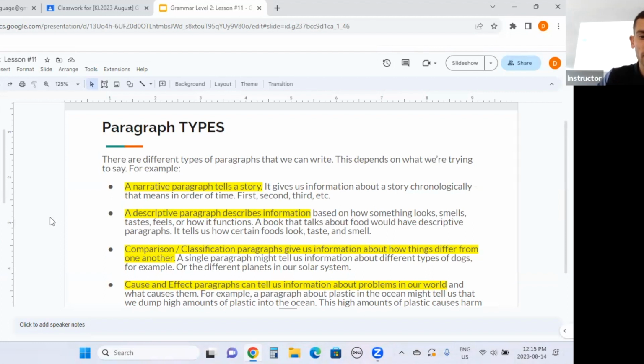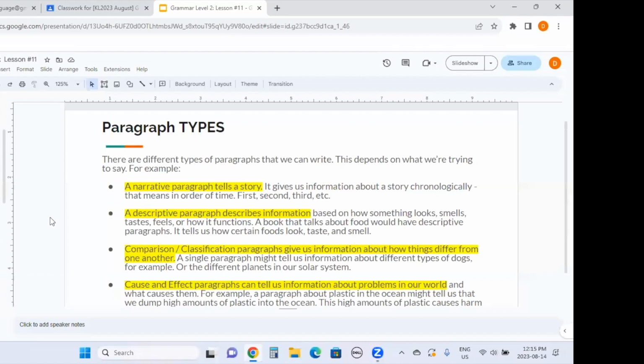Nicole, can you read a descriptive paragraph, please? A descriptive paragraph describes information based on how something looks, smells, tastes, feels, or how it functions. A book that talks about food would have descriptive paragraphs. It tells us how certain foods look, taste, and smell. Perfect.